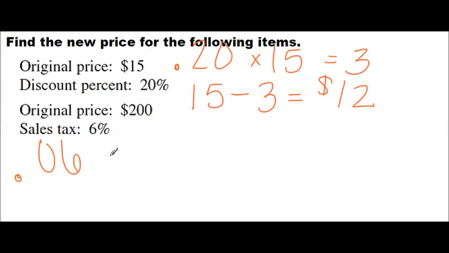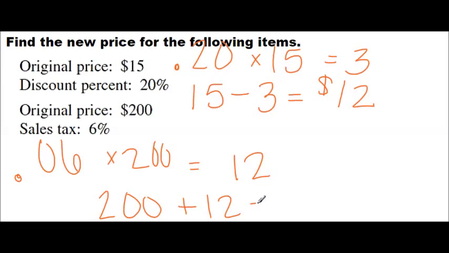Same thing to begin with for sales tax. I'm going to find 6% of 200, so multiply those two, and I get 12. Now, why am I adding 12 to 200 but subtracting 3 from 15? Well, it's easy. It's those words discount and sales tax.